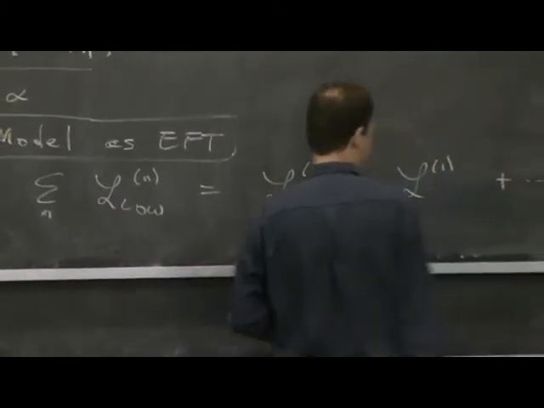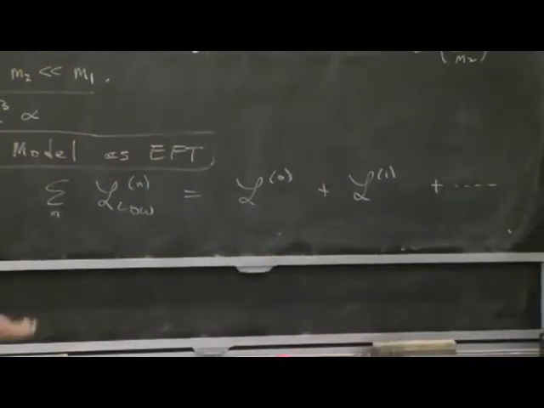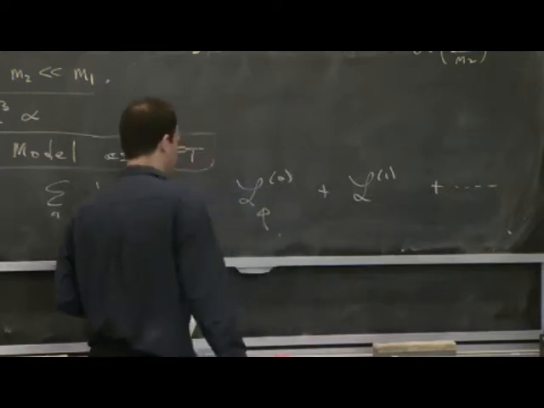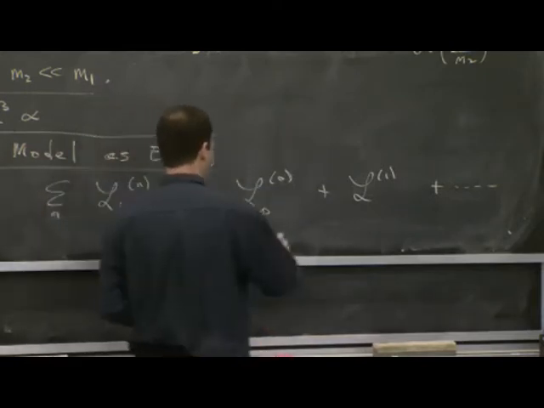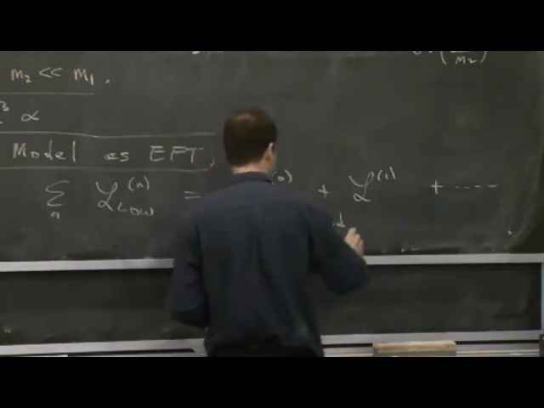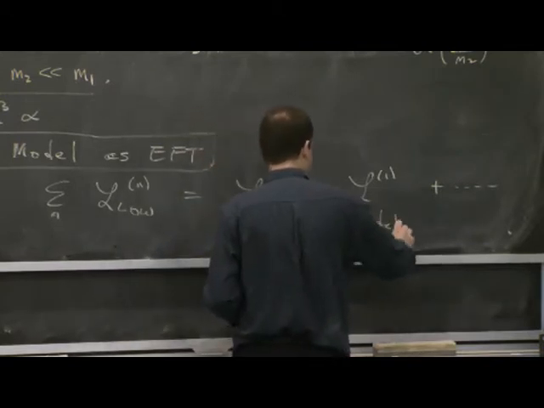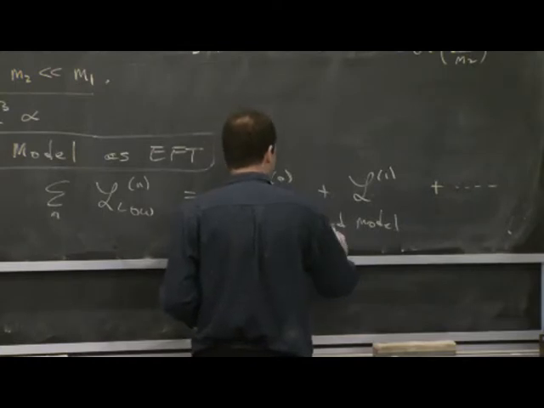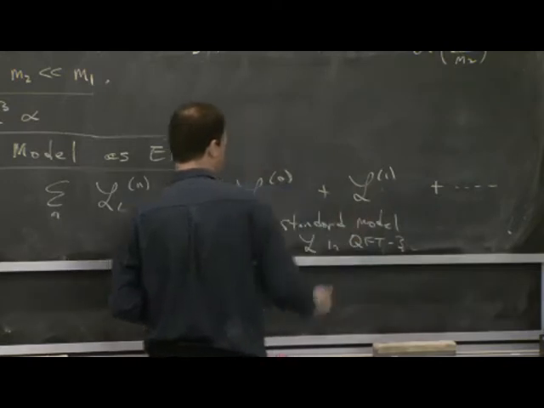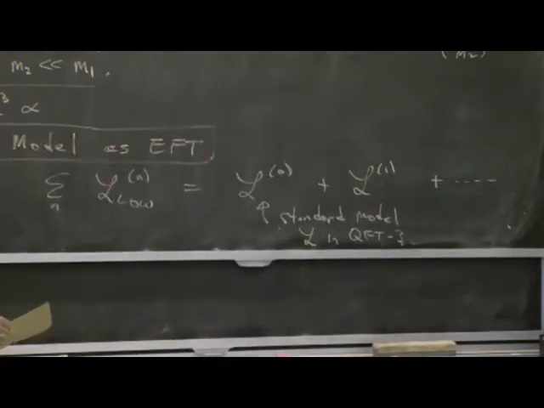And part of the job has already been done for us, because I'm assuming you have a background in the standard model, at least at the level of knowing what the Lagrangian is. And if you haven't, then you should look at the Quantum Field Theory 3 lecture notes. And so the L0 here is the standard model, as taught in Quantum Field Theory 3. So what we'll mostly be interested in is the higher order terms.